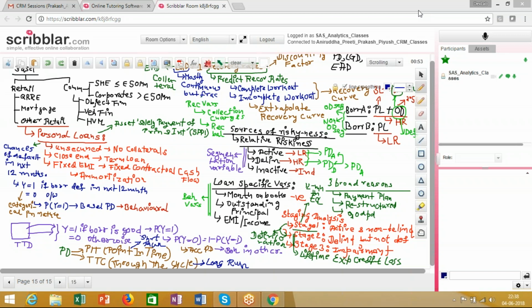Now some TTC variables can be seen in some of these products, for mortgage and all, we can get some TTC variable. But if I'm saying a TTC variable, it means that the variable value has to be unchanged over the period of the entire cycle, right?